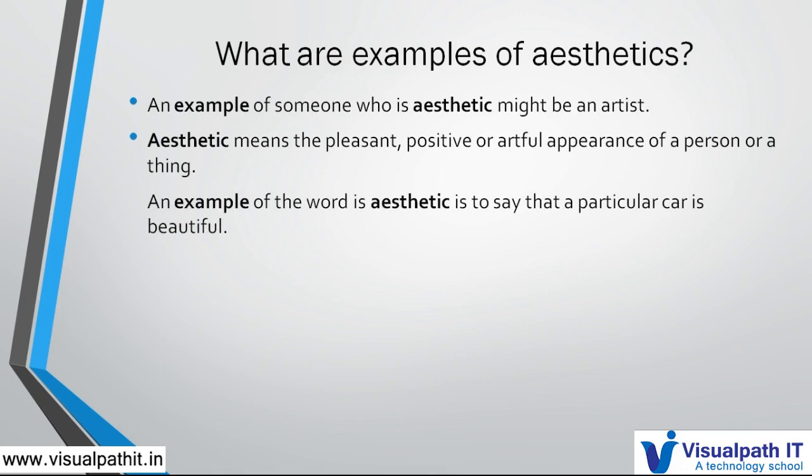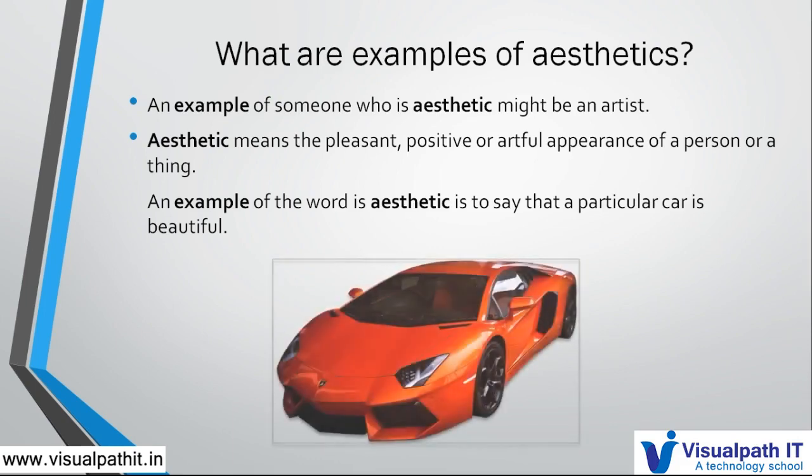An example of the word aesthetic is to say that a particular car is beautiful. Now imagine the car you see is not beautiful, then will the user buy the car? No. That's why nowadays a product should follow the aesthetic part. It means it should be beautiful, positive, and pleasant.